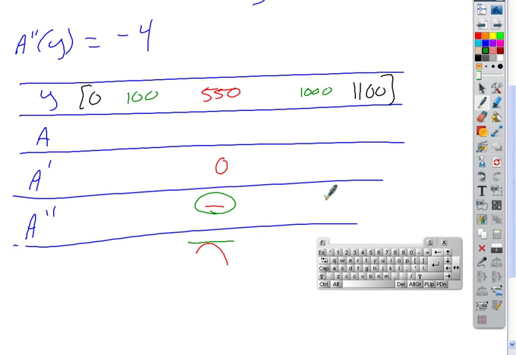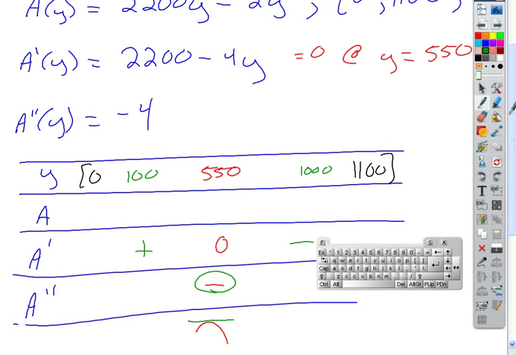If we know that this is concave down, what would the sign of the first derivative have been to the left of 550? It would have been positive because the function would have had to be increasing there. And if we had plugged it in, we would have gotten a positive sign back. What would it have been to the right? Negative. We can see that by looking at the function.